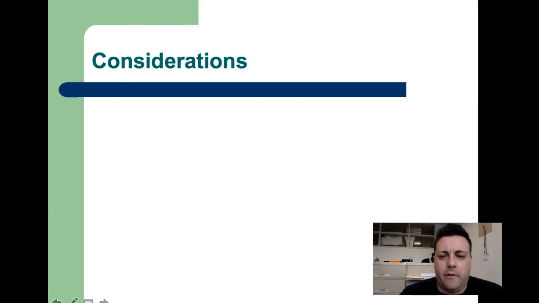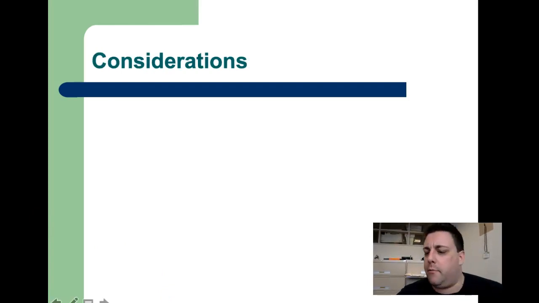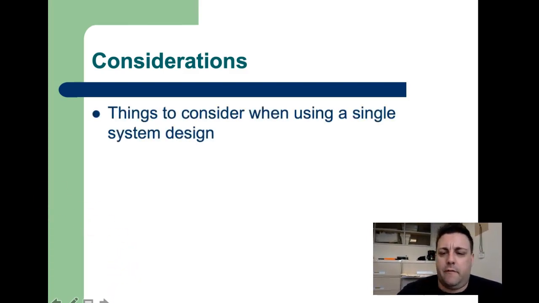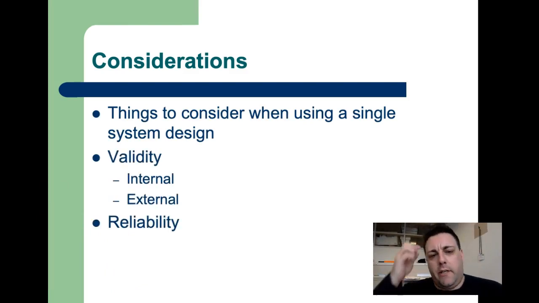Okay, so we've talked about a number of the different prototypical single system designs. Let's shift our attention a little bit to issues of reliability and validity here. So remember, when we talk about validity in research, internal validity is really asking to what extent can we be sure that the intervention is causing the change in the dependent variable or the problem behavior in this case.